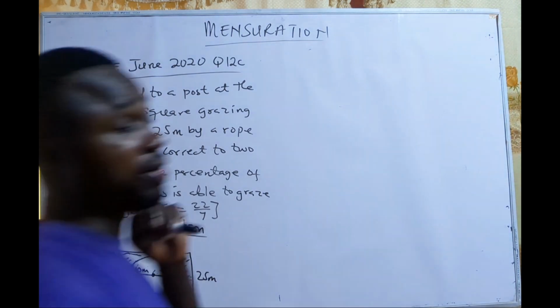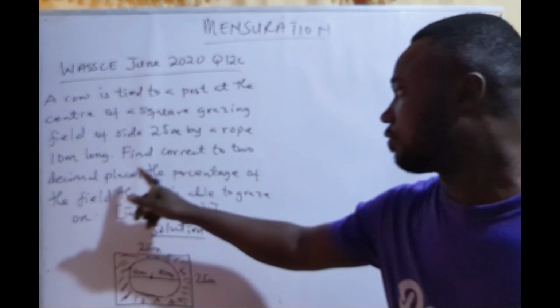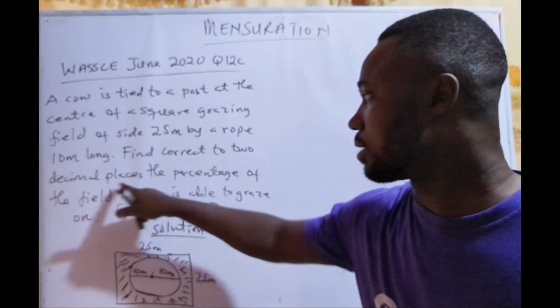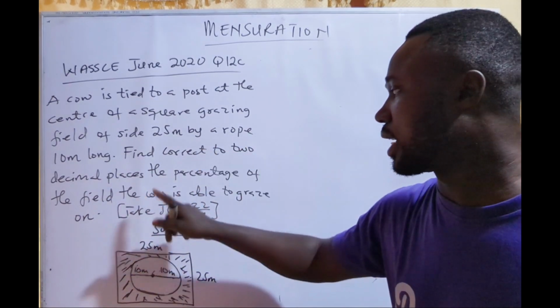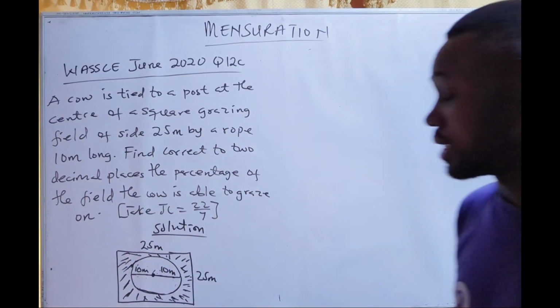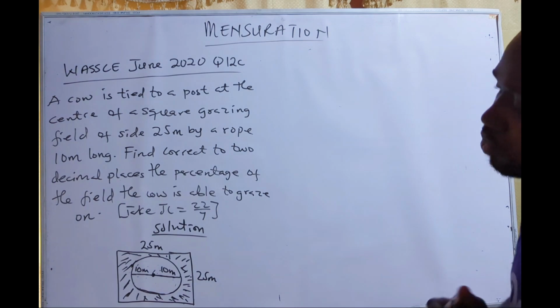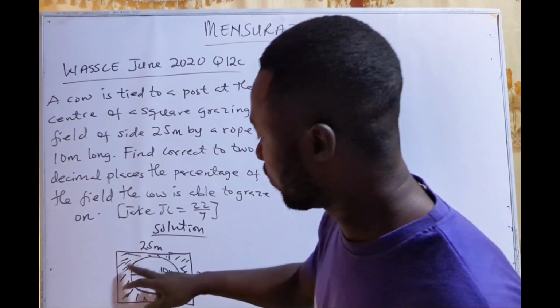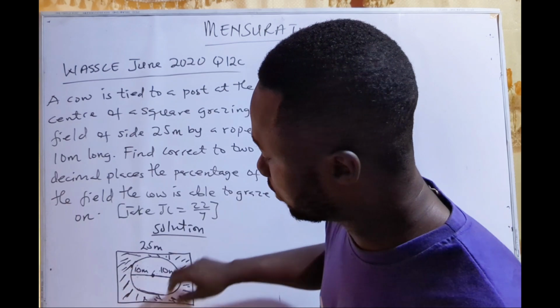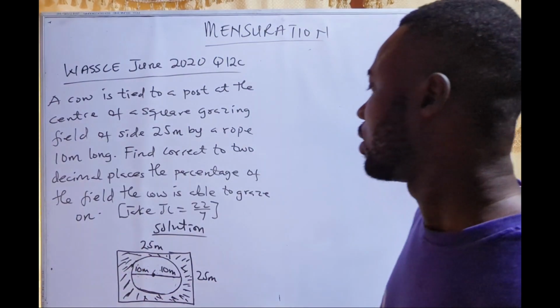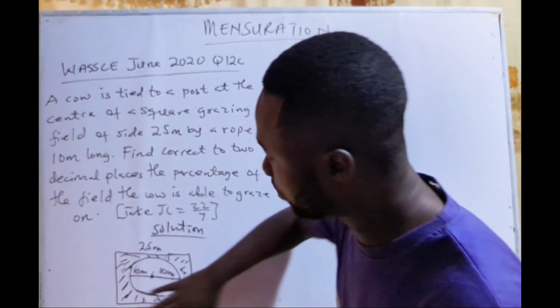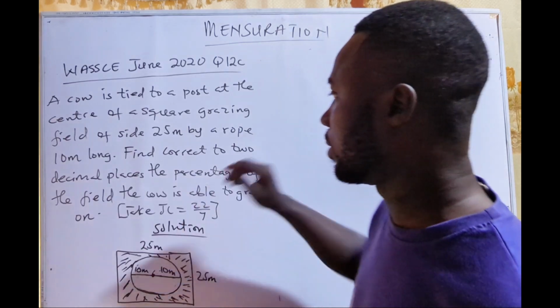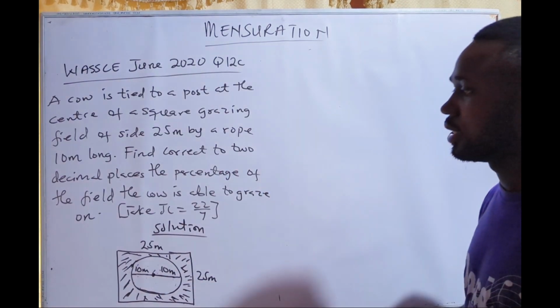We are supposed to find, correct to decimal places, the percentage of the field the cow is able to graze on. So we find the space the cow is able to graze on, then divide by the total space of the field, then multiply by 100.